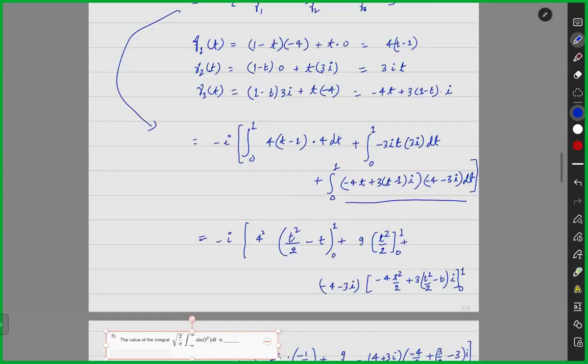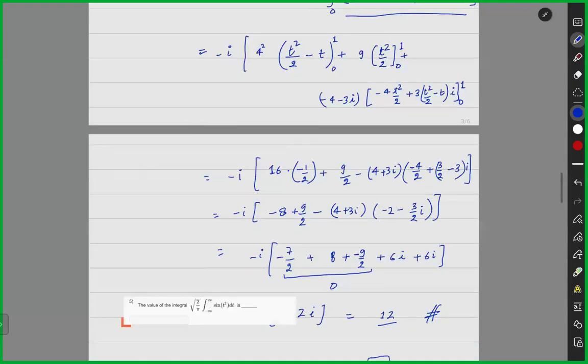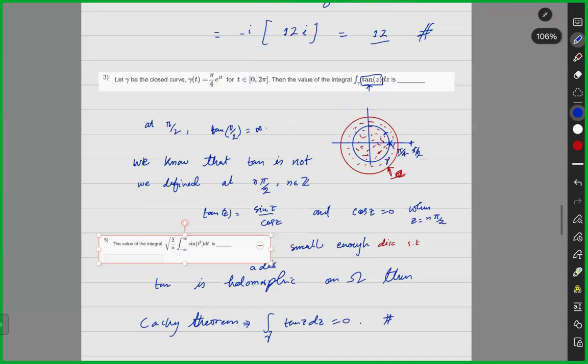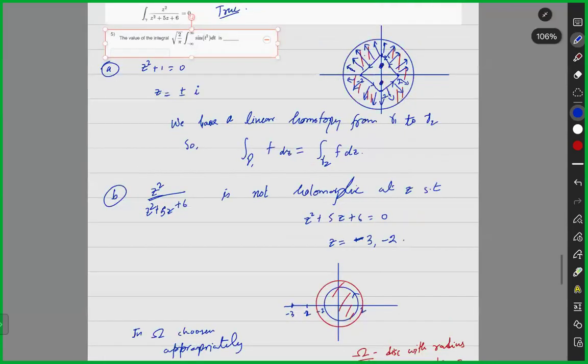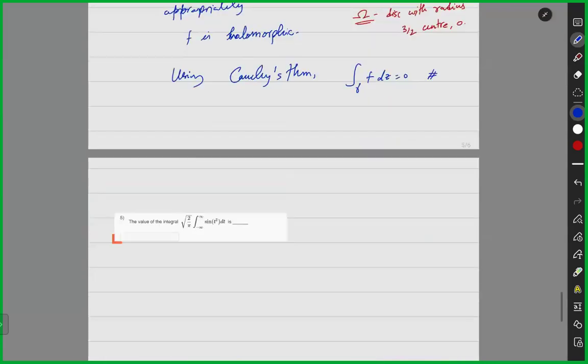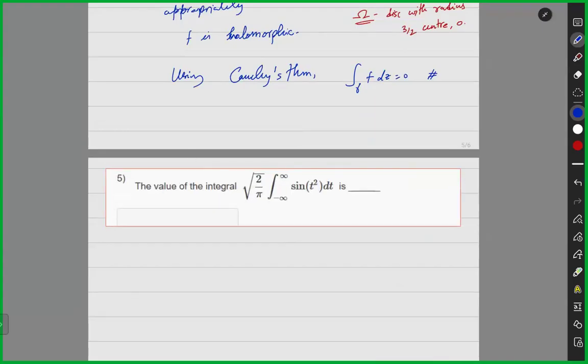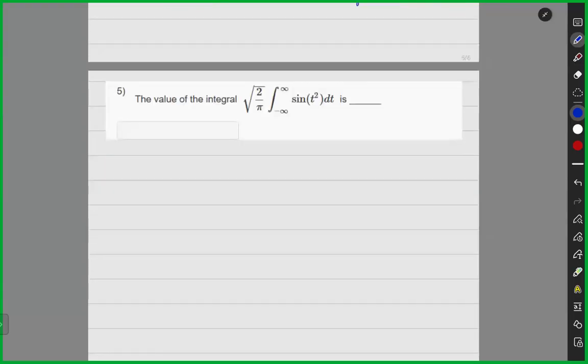This question was done in our problem session, if you remember. But we'll see the same question again, and that will require where we can use complex analysis to solve it easily. This is an infinite integral. So how can we write it this way?